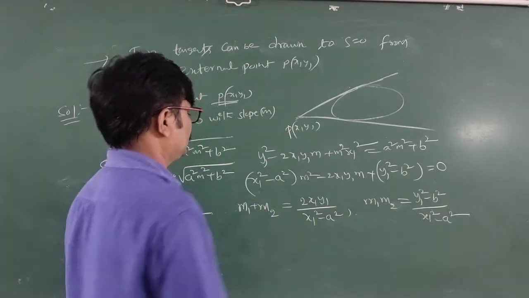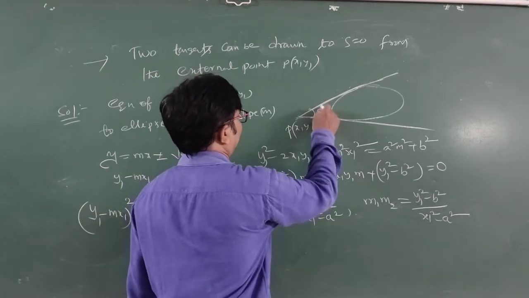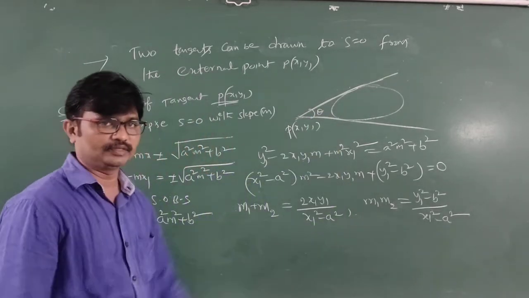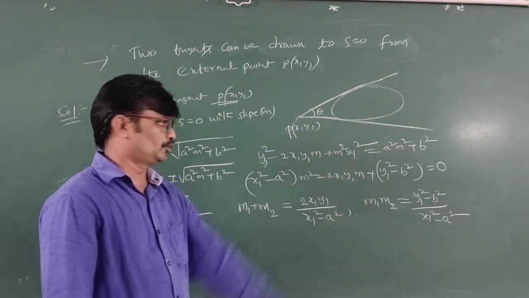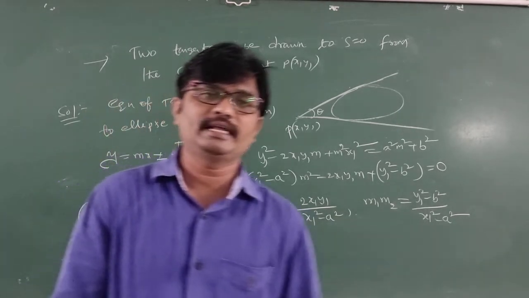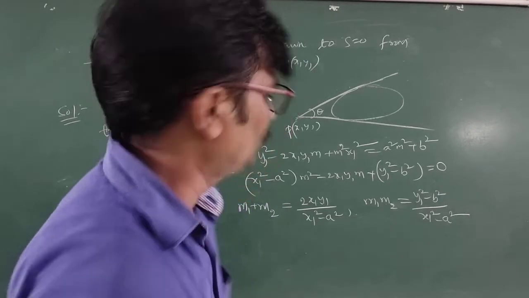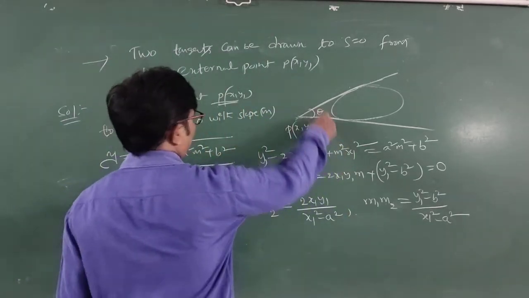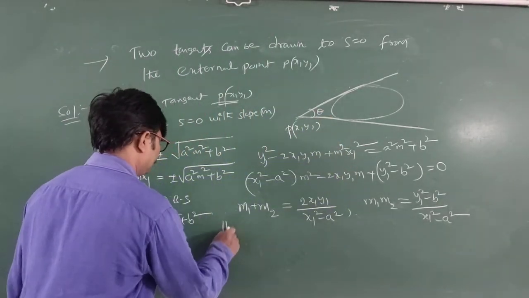Now students, when we take the angle between the tangents as theta, having the slopes m1 and m2, we have to know that tan theta is of the form m1 minus m2 by 1 plus m1 m2. So students, theta is the angle between the tangents.